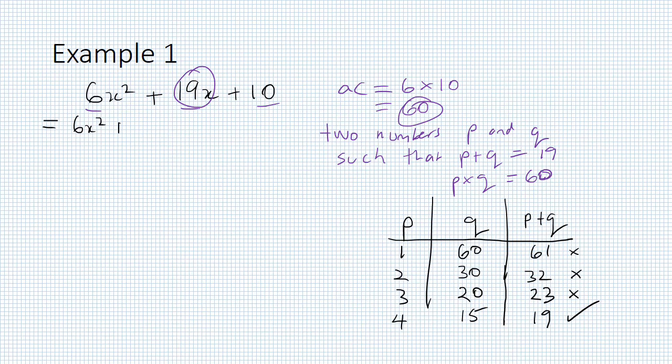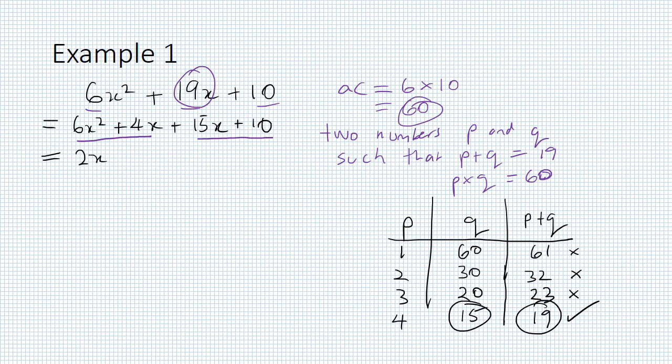So what we do now, having found those two numbers, is we split the x term. We write it as 4x plus 15x, which correspond to these two numbers that we found, plus 10. Now we're going to group these two terms and these two terms, and what we need to do is find the highest common factor in each. 2 is a factor of both of these, as is x.